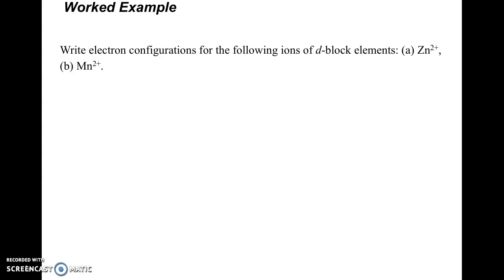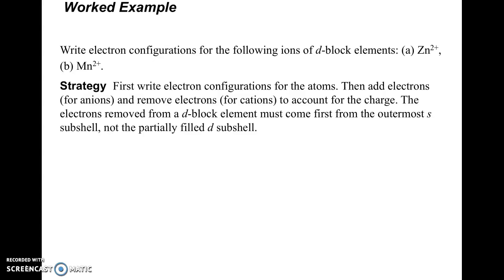So we have some examples that we want to write. So zinc and manganese. Once again, you start out writing the electron configuration and realize that when you make these ions, you take the s electrons first. If you look at zinc, zinc is in the 4th row of the periodic table.